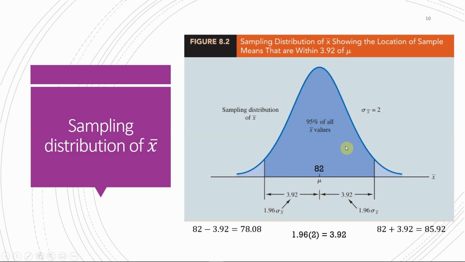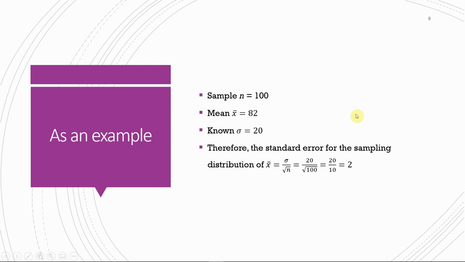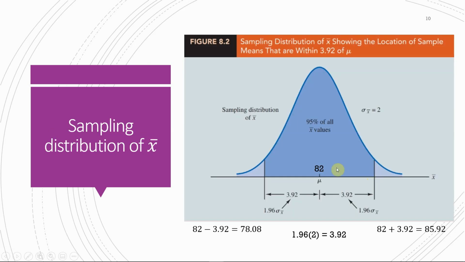Remember, every sampling distribution is going to be different based off of the population parameters, and this one happens to have a known standard deviation of 20. Every population is going to have a different known standard deviation. So for this one specifically, and for this sample size of 100, the standard error for the sampling distribution is going to be 2.